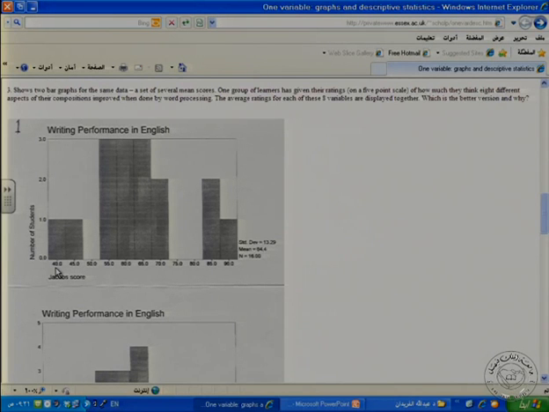So by describing this, the graph is very clear, but you need to describe it to us. You would say, well, most of my students are centered between 50 and 70.